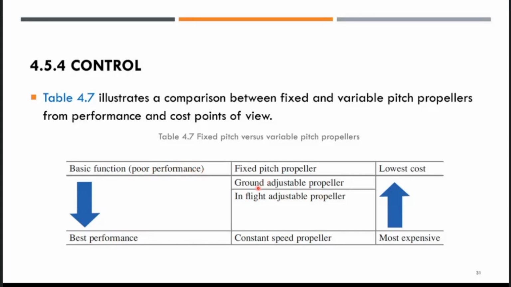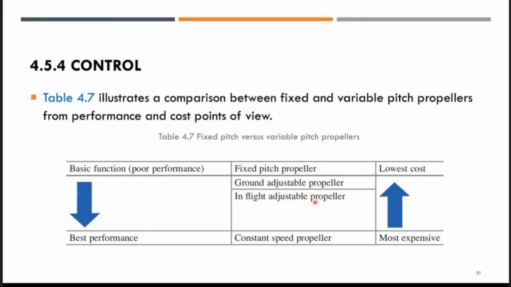If you have a constant speed propeller, it gives the best performance but is most expensive to construct. In between, you can have a ground adjustable propeller or an in-flight adjustable propeller.